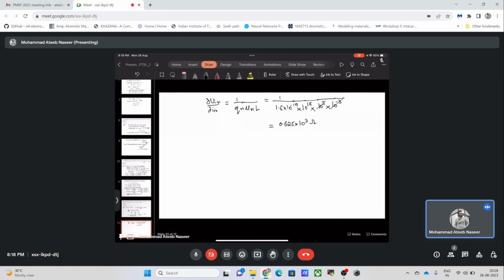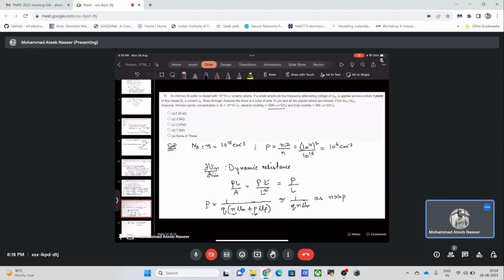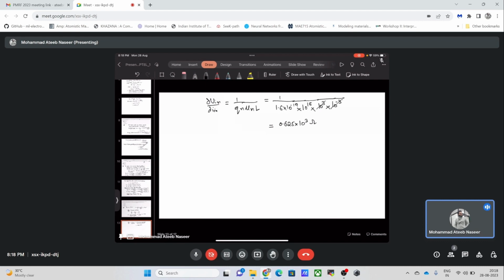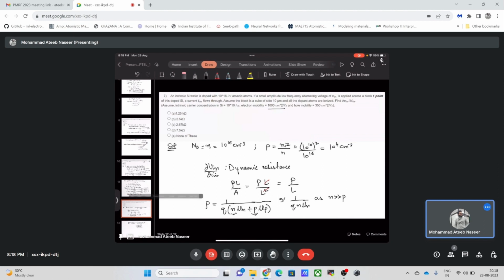Now let's check the options. Answer is in kilo ohms, so it is 0.625 kilo ohms. Okay, I guess 0.625, there is no option that is matching, so we will select option E, which is none of these.